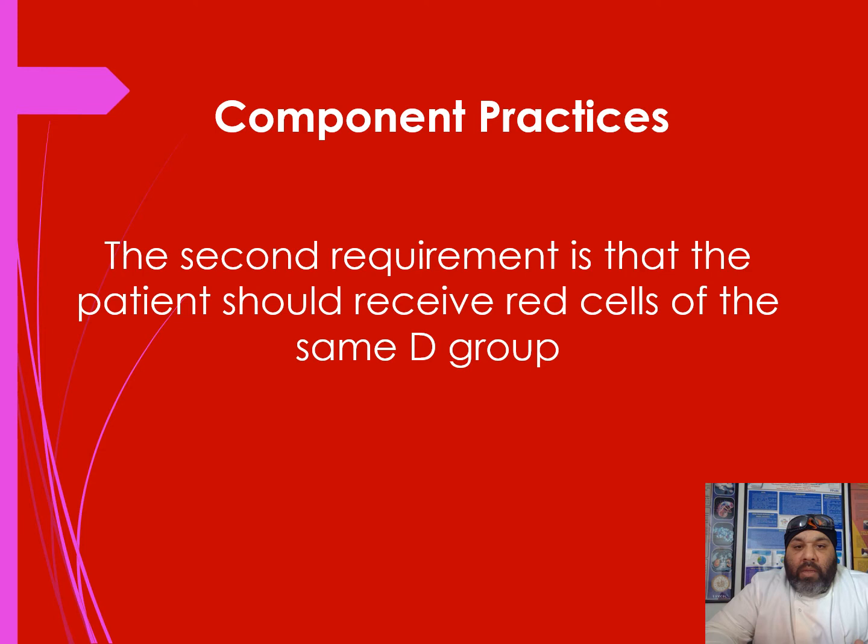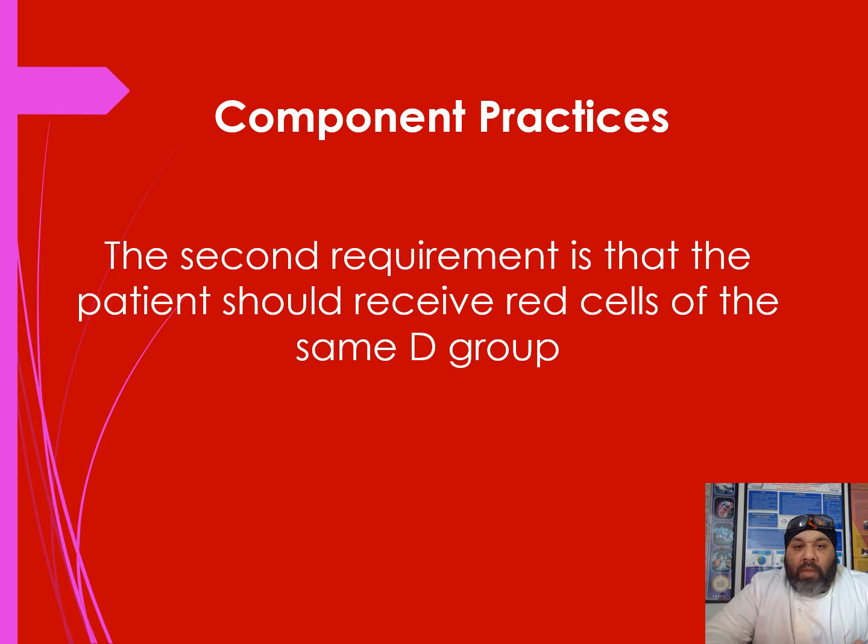Another part of this is that the second requirement is that the patient should receive red blood cells of the same rhesus D group. So let's say someone is group B, or B pos.